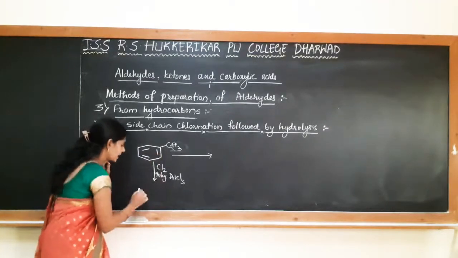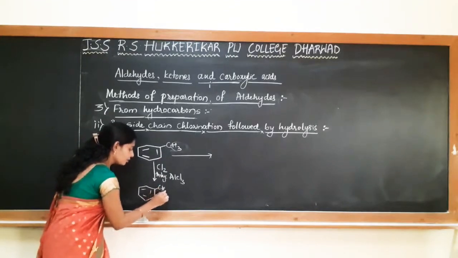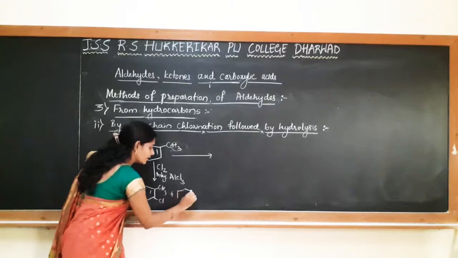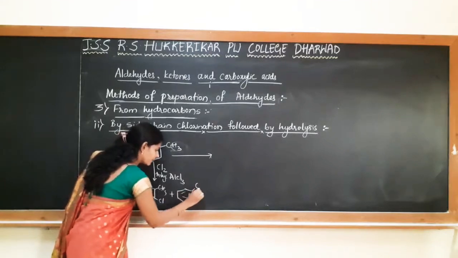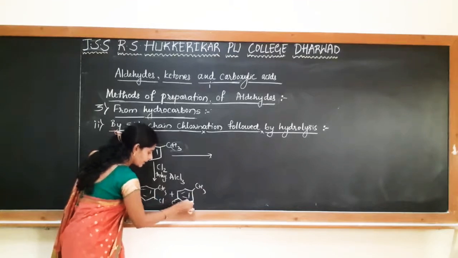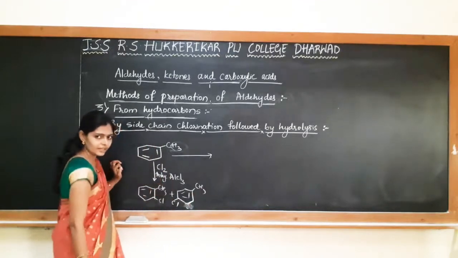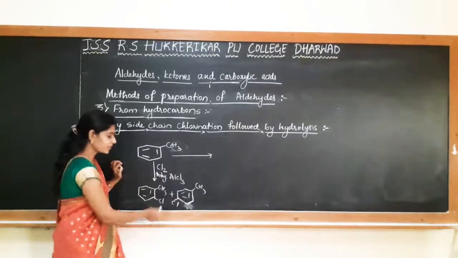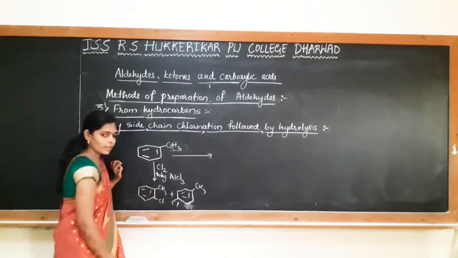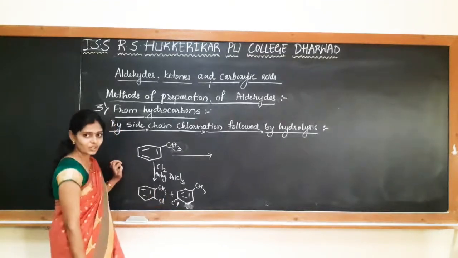That is, I will get a mixture of orthochloro and parachlorotoluene as the product. If I use chlorine in presence of anhydrous AlCl3 or FeCl3, I will get products like this. This is called ring electrophilic substitution reaction.